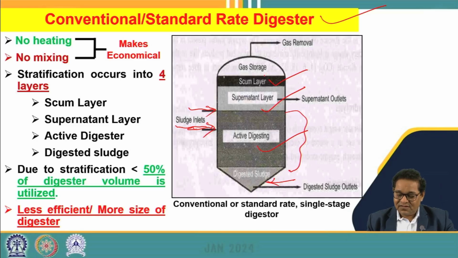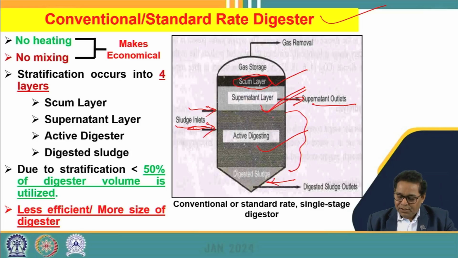The scum layer is formed because of dead organic matter or floating impurities present in the sludge. Because of their lower specific gravity, they float onto the surface above the supernatant layer, and this supernatant layer is basically the water which is released during the digestion process. This can be taken out from the outlet called the supernatant outlet.